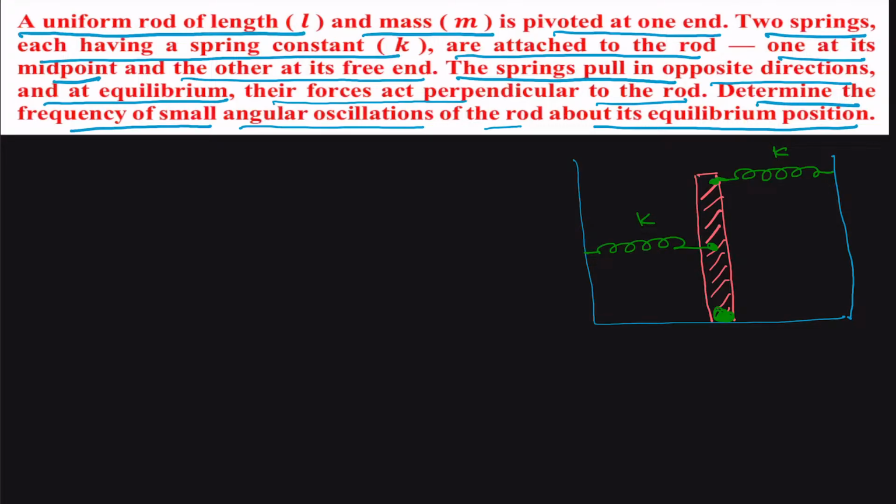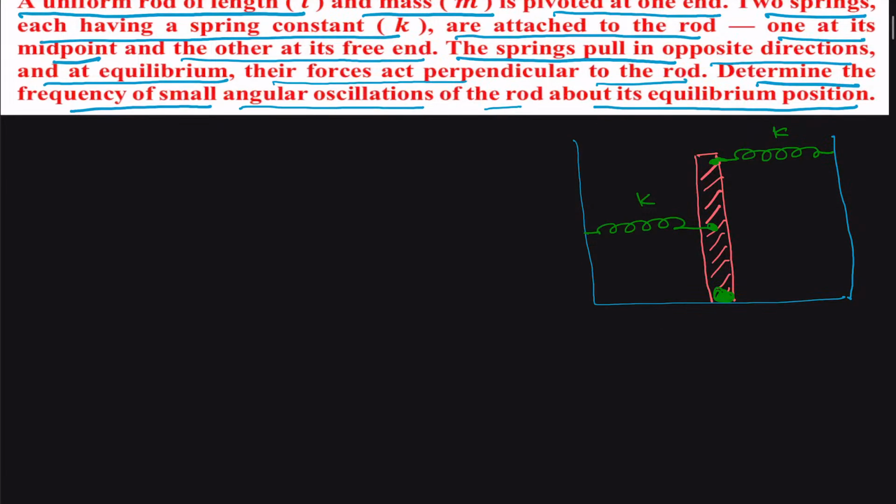So we are given that L is the length of the rod. So let me draw only the rod part. So L is the length of the rod, and one spring is connected at the end, at the full length, and the other spring is connected at the midpoint.